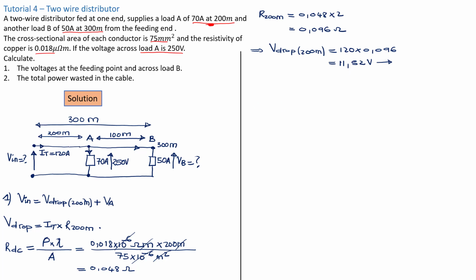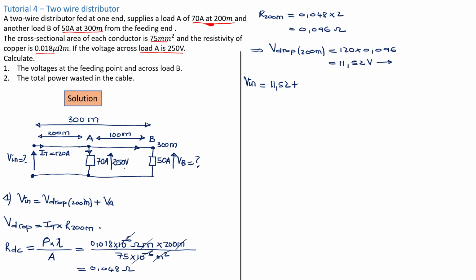So now we can go ahead and calculate our input voltage. V in is then going to be the volt drop that we just found, 11.52, plus the voltage that is now at this point here, because this voltage, the 250, is coming from here.